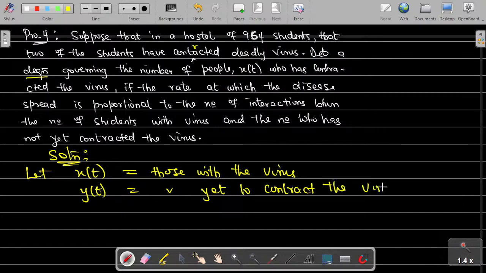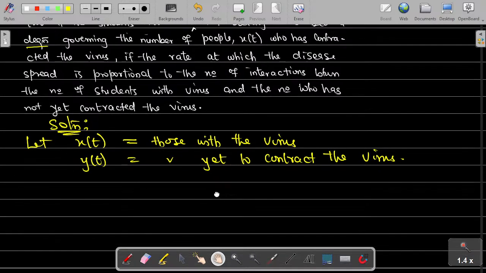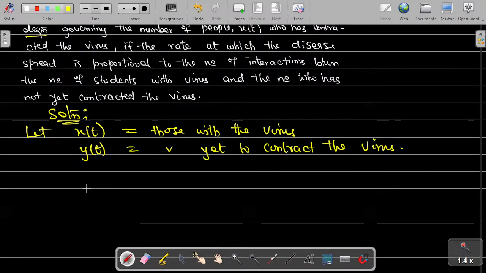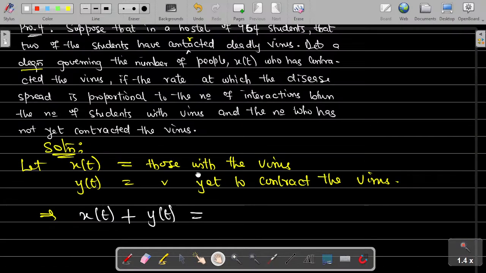All right, so if we have that, what it means is, remember, we have a hint here which we can always pull on. Here the implication is that the sum of these two populations, remember your x, those that have not contracted, plus those that have contracted it, will give you the total number of students in that hostel at any given time.